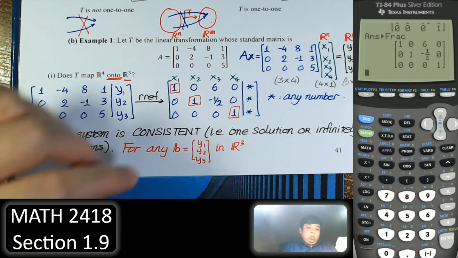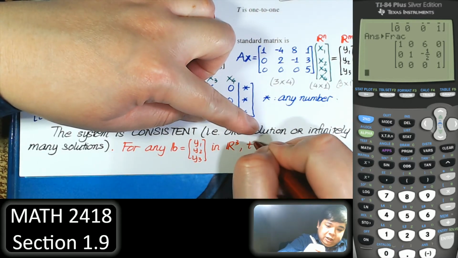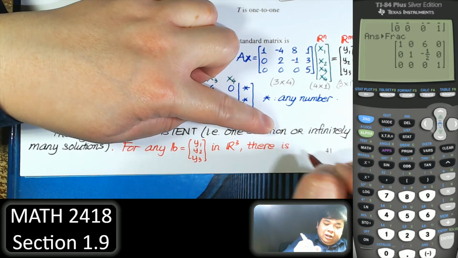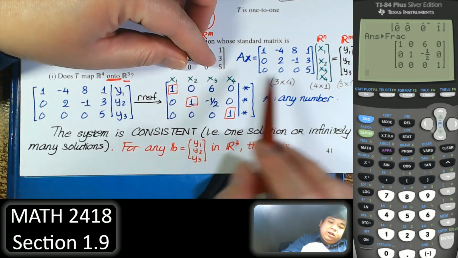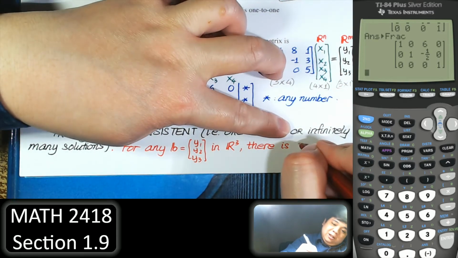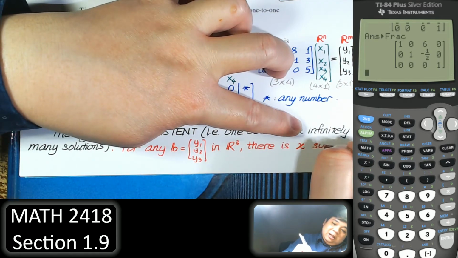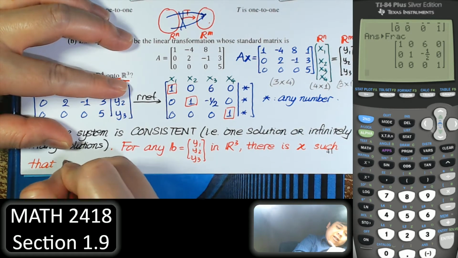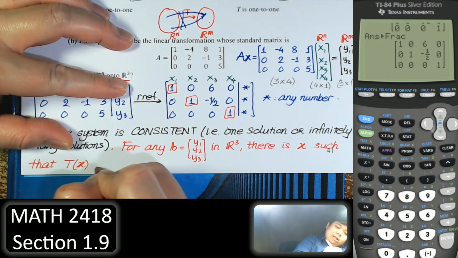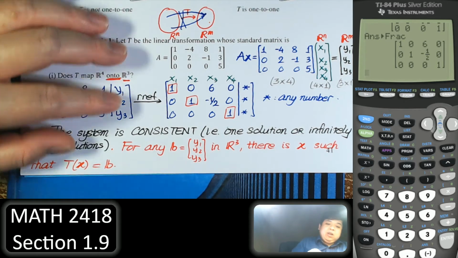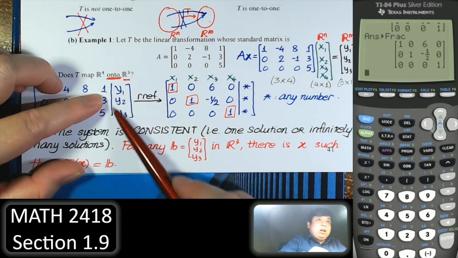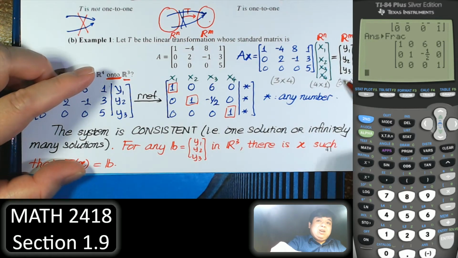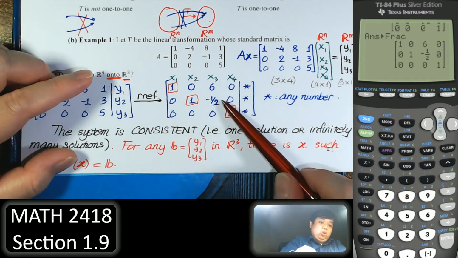Any point in R3, there is a solution x such that Tx is equal to b, right? Meaning that it doesn't matter what the point y1, y2, y3 is, there's always a solution.